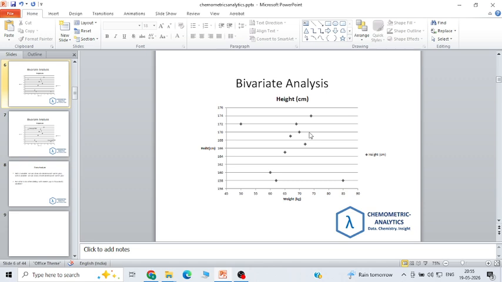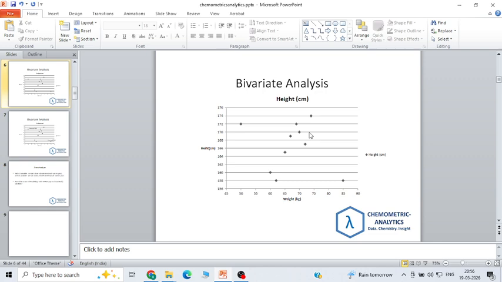So nothing unusual. And this relationship was not evident when we were analyzing the two pieces of information in isolation. But when we put them together, in a multivariate kind of analysis, we see this linear relationship. So that's fascinating, isn't it?